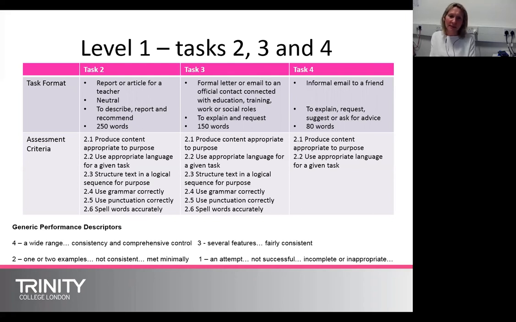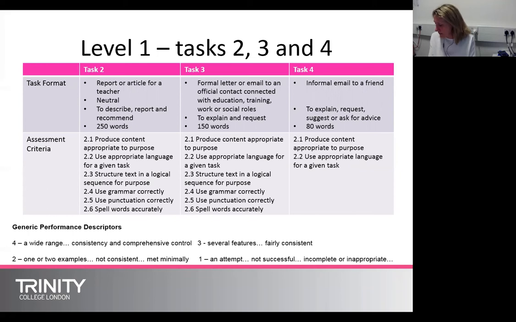For example, use appropriate language is different for task 2, which is neutral, task 3, which is formal, and task 4, which is informal. So appropriate language in all 3 tasks would be different. The expectation for what is appropriate language would be different.